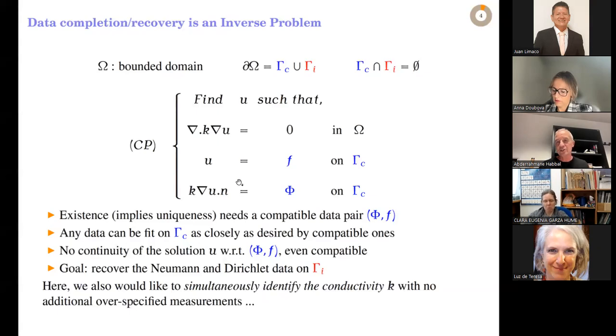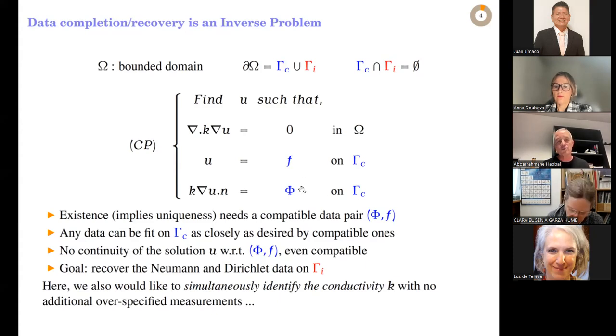And this Cauchy problem has a lot of known mathematical pathologies, differently from a classical boundary value problem where we would have either Dirichlet or Neumann or mixed boundary conditions, but on all the boundary. Among the pathologies is the ill-posedness, which means that there is no continuity of the solution of this problem with respect to F nor to phi.